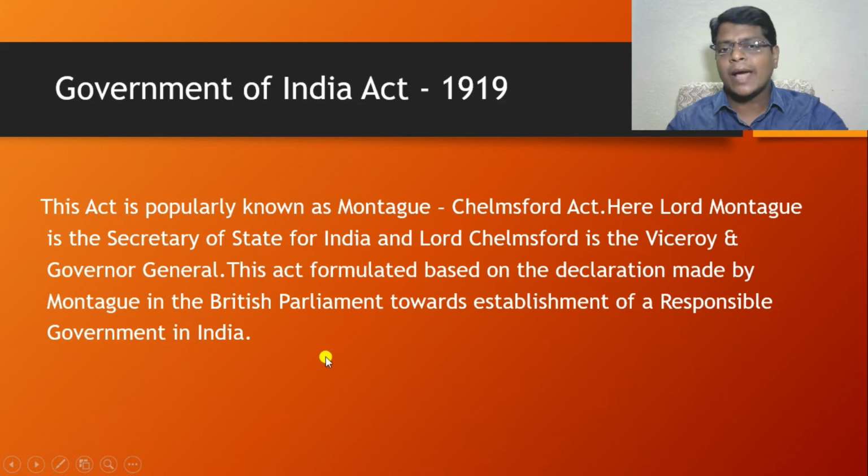This is the little background of the Government of India Act 1919.